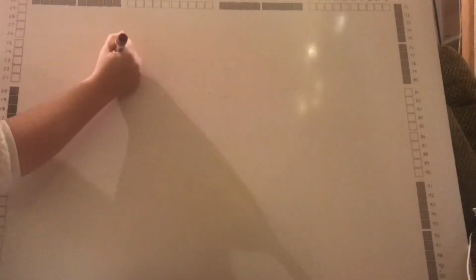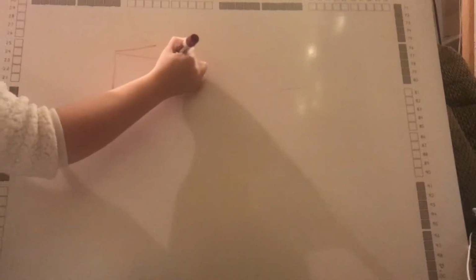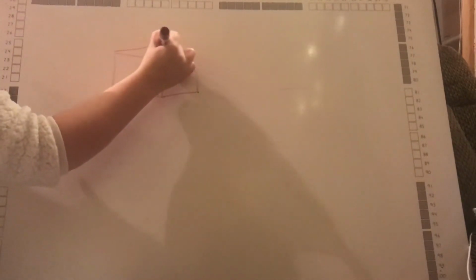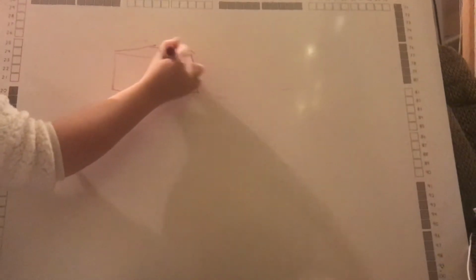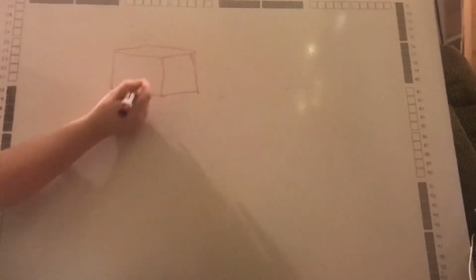All right. So the first thing they're going to show us is identifying. So we have a little box. I'll do my best to draw a 3D box. So it's not perfect, but here's our 3D box.